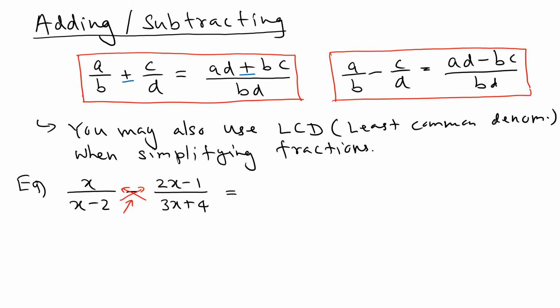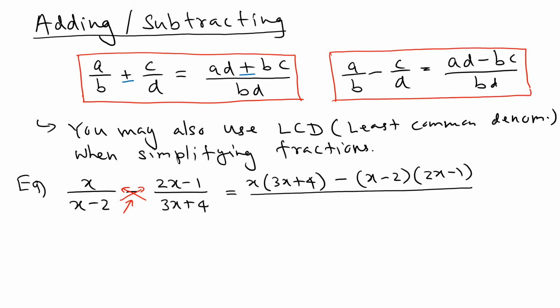That means we can write this one as x times 3x plus 4 minus x minus 2 times 2x minus 1, divided by x minus 2 times 3x plus 4. That's the bottom. So what we wrote is AD minus BC divided by BD. So we write the AD product and then minus the BC product, divided by the BD.